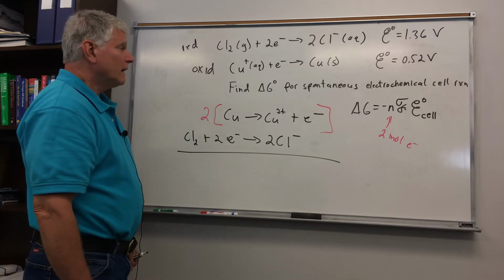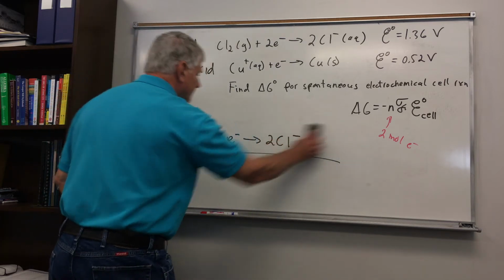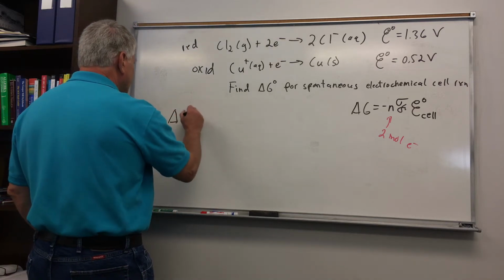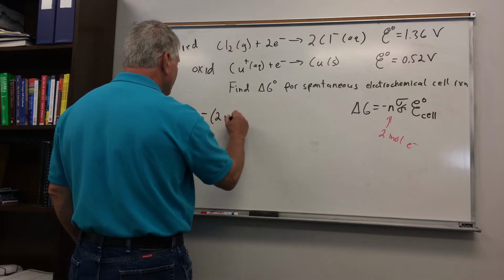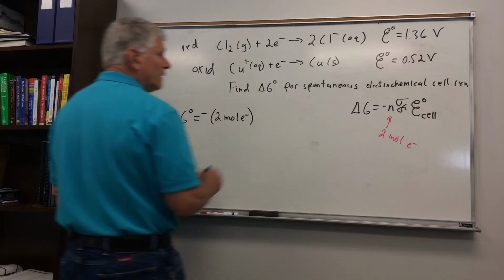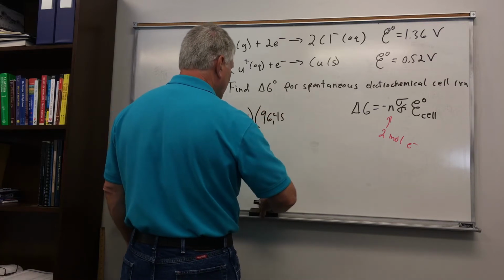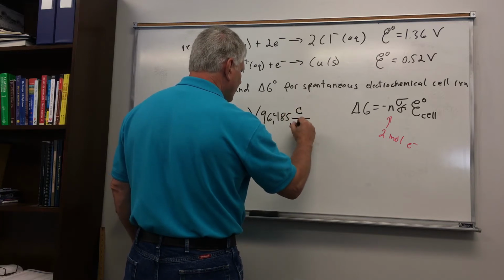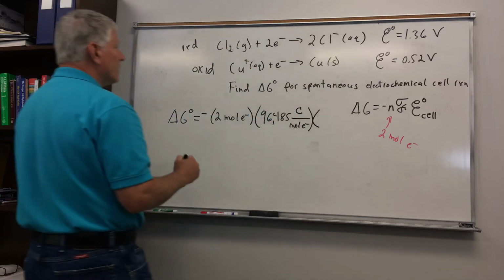Okay, so I'm ready to plug numbers in for delta G standard. So delta G standard is minus N, so it's 2 moles of electrons, times Faraday's constant, times E standard for the cell.